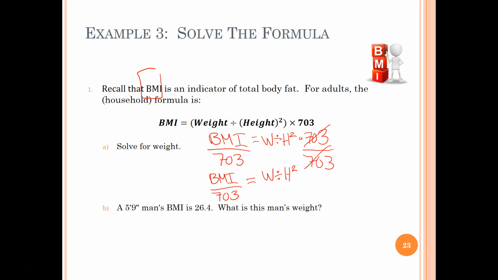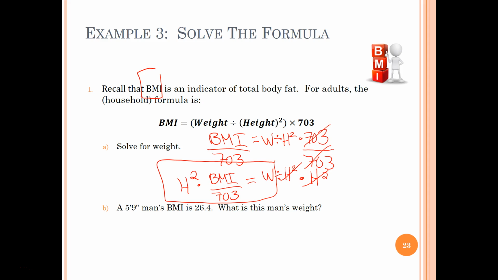Since height squared is divided into the weight, what undoes division? Multiplication. So we're going to multiply both sides of this equation by height squared. And notice now we have what we're looking for. Weight equals height squared times BMI over 703.